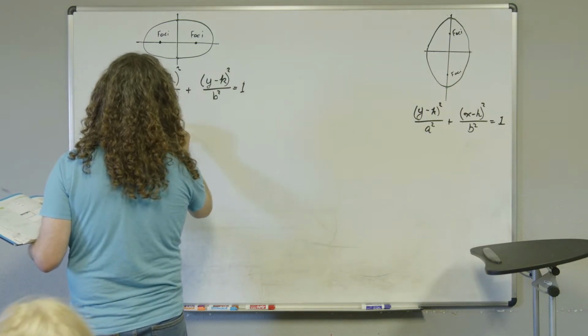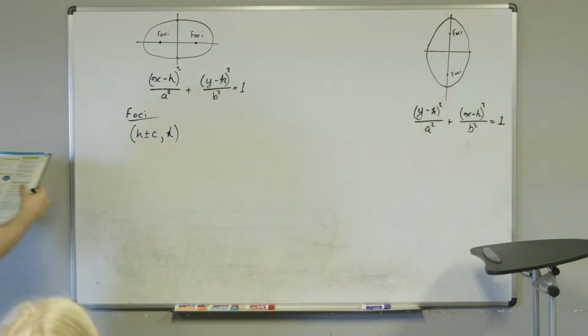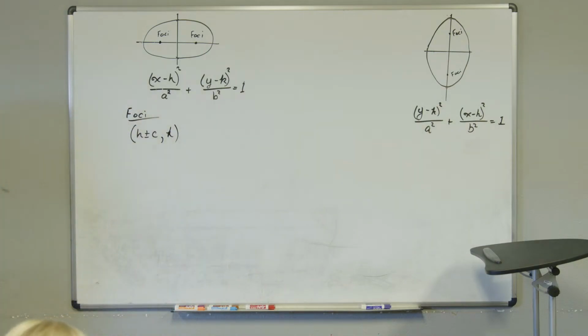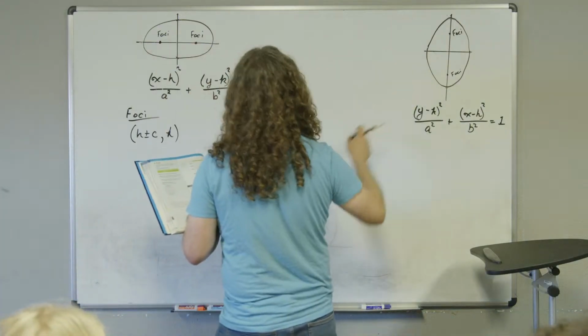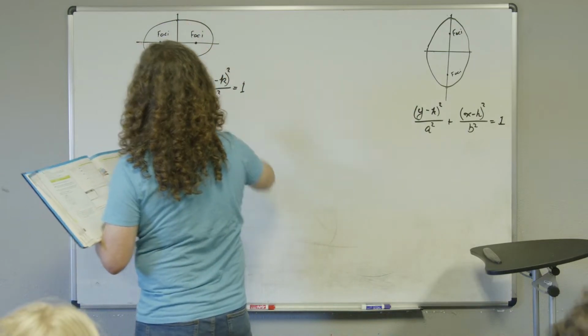Sure. And k, which makes sense. The h and the k are going to be related to the vertices, right? Now, how many vertices does an ellipse have? It has 2. How many co-vertices does it have? 2 as well. It's got vertices on the long axis and co-vertices on the short axis.